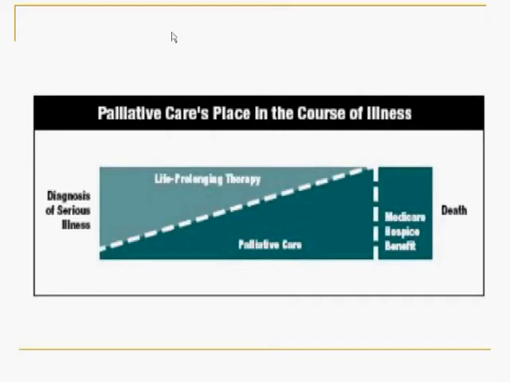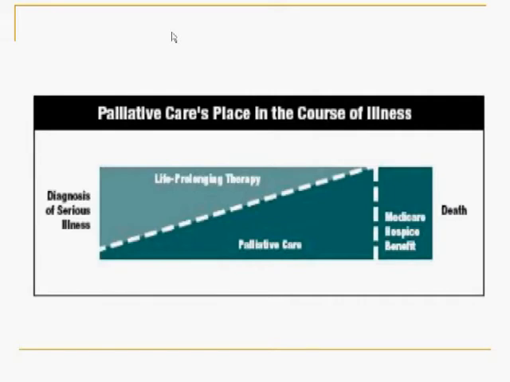But the calculus begins to change when this life-limiting illness is diagnosed. Conventional medical care is still the bulk of the treatment, and this triangle represents the proportion of treatment that should be conventional medical care. But obviously, beyond this point in someone's life, they're not going to be able to be cured. So the goal has to change from cure to remission of disease.